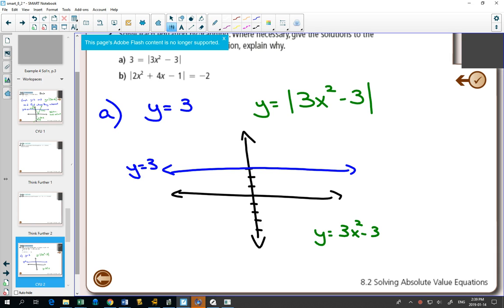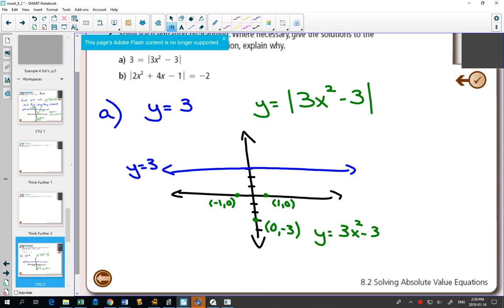So I have a vertex at 0, negative 3. If the a value is 3, what does that mean? Is this one going up or down? Up. So you're going to go over 1, up 3, over 1, up 3. So we'll have the points 1, 0 and negative 1, 0.